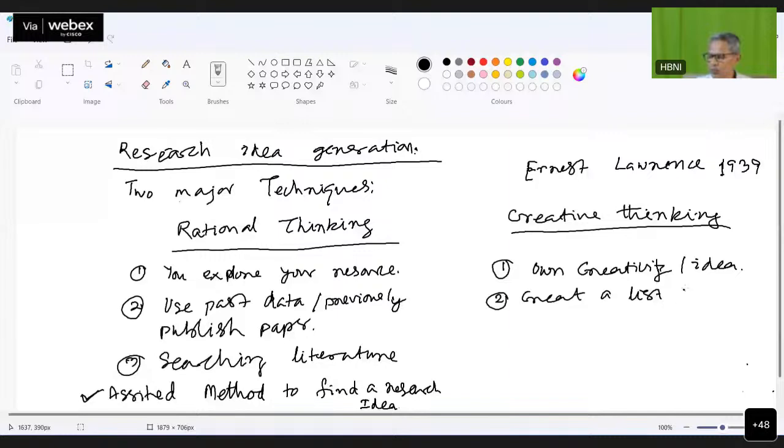So whenever a new idea comes to your mind, you list them. Then you put your personal preferences, because whether you like this, or you have interest in this, or whether you have the capability to do that, you have to consider.